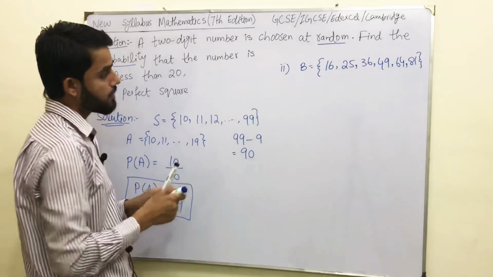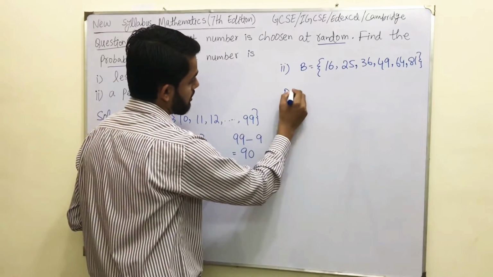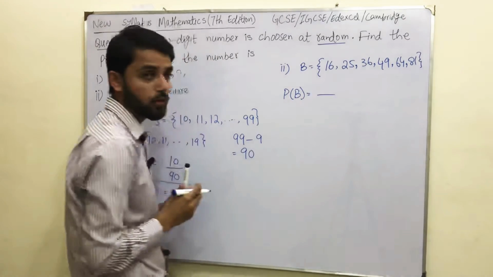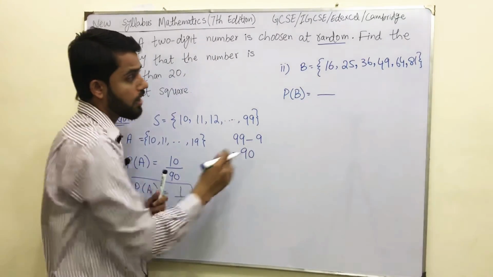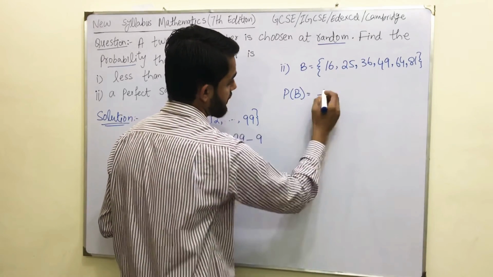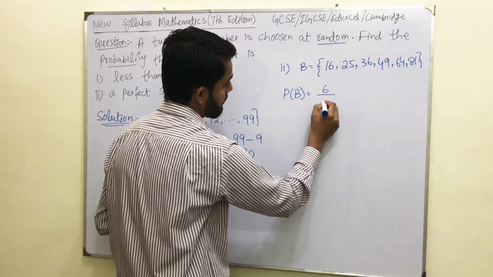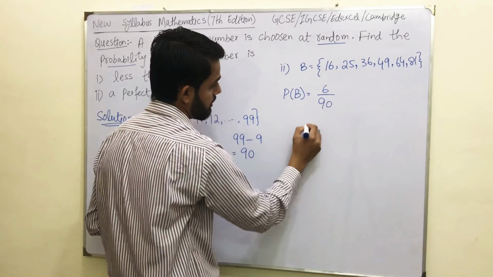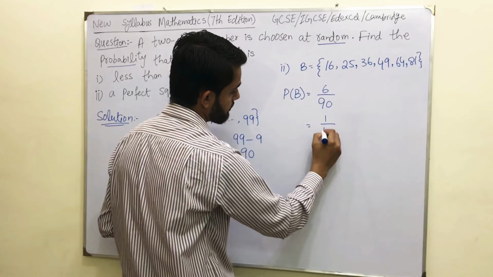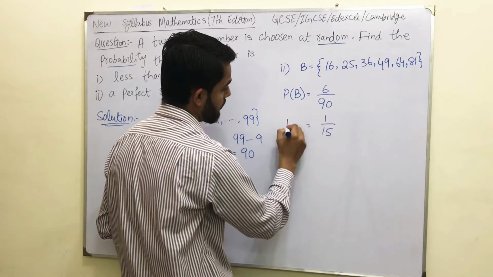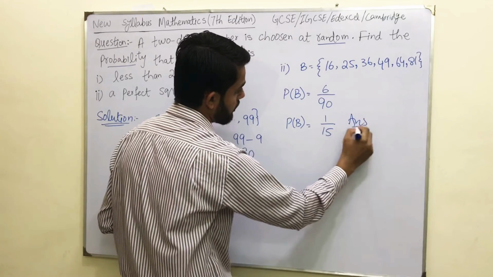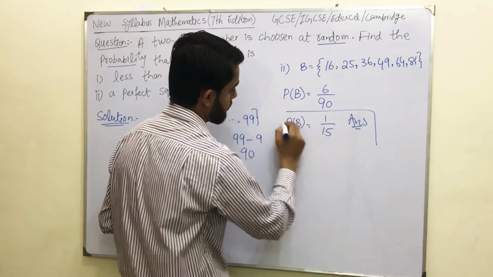Now we need to find the probability, chances of something happening out of total. So how many numbers do we have? 1, 2, 3, 4, 5, 6 out of 90 are the total number. Once you simplify this, 1 over 15. So that is your answer for the second part.